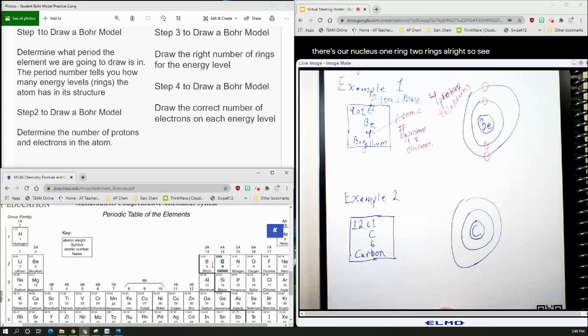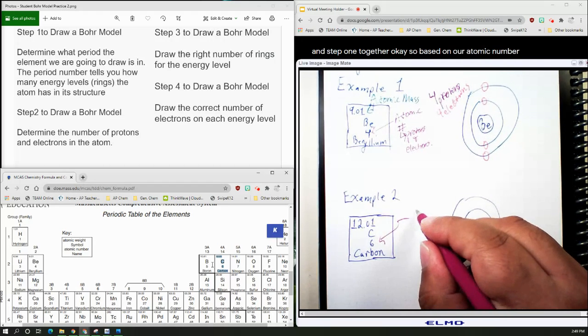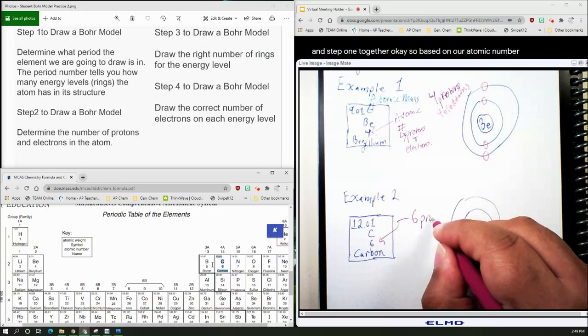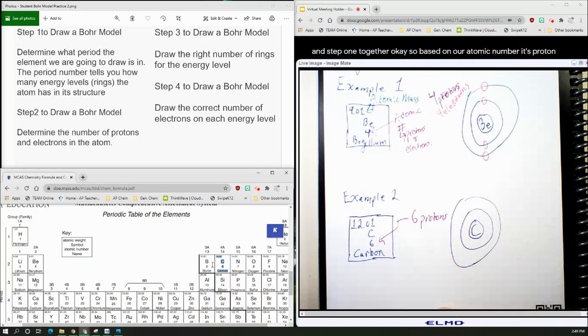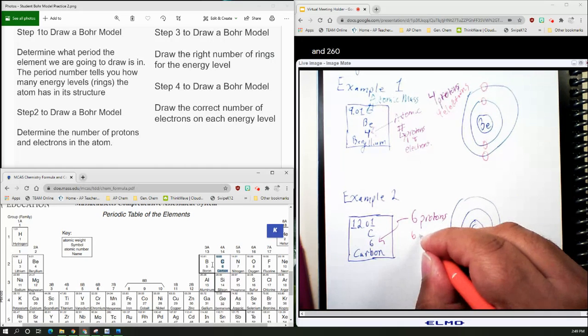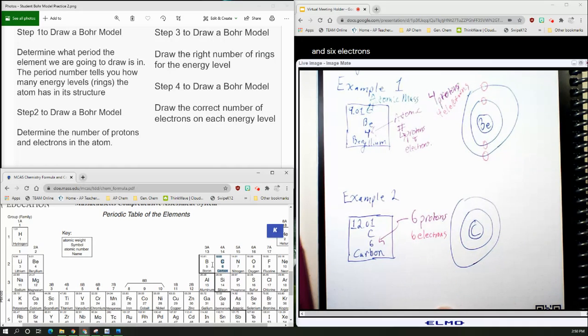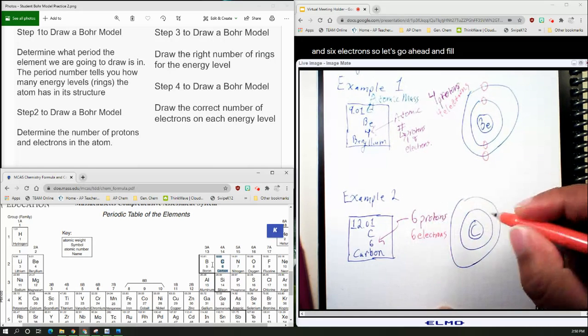All right, so see how we can do step 3 and step 1 together. Okay. So based on our atomic number, we have 6 protons and 6 electrons. So let's go ahead and fill those in.